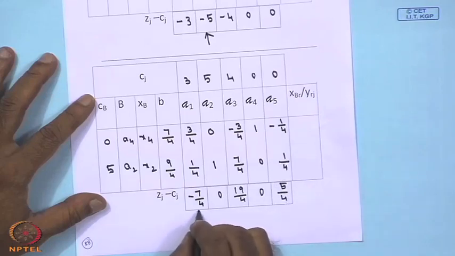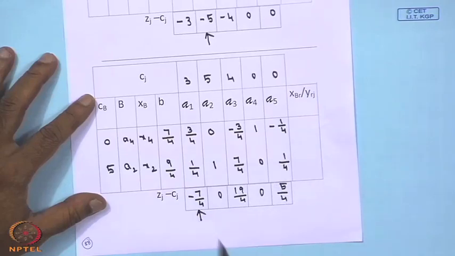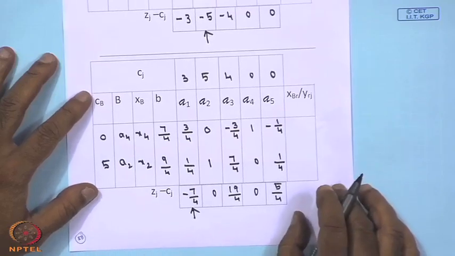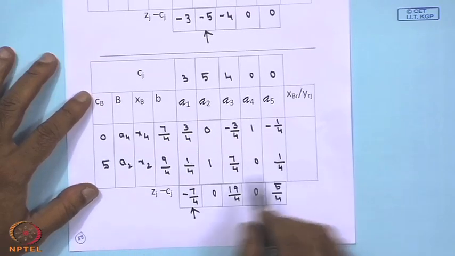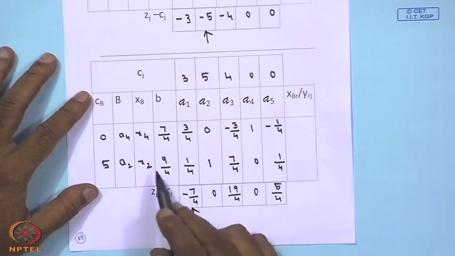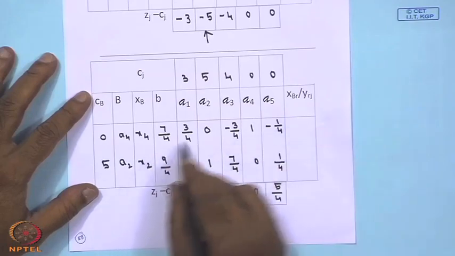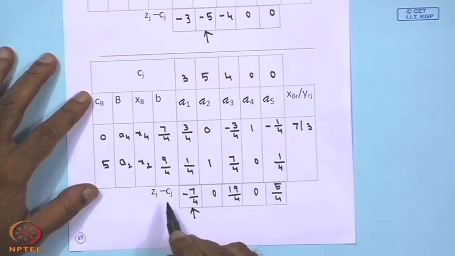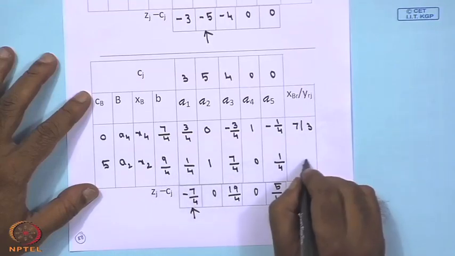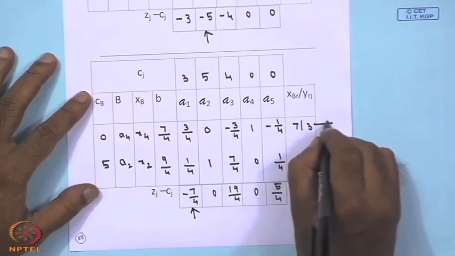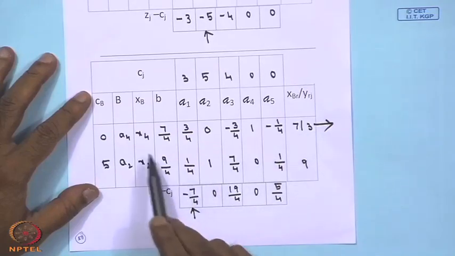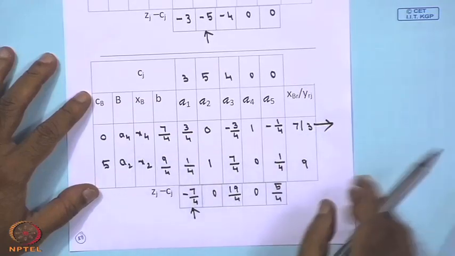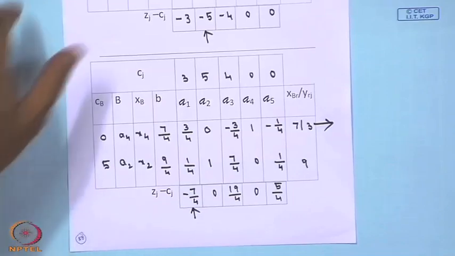So, your entering vector will be this one. A1 will enter. So, A1 will enter means here you are getting 7 by 3, whereas this will be 9 by 4. So, x 4 will be going out and your A 1 will enter in the next table.